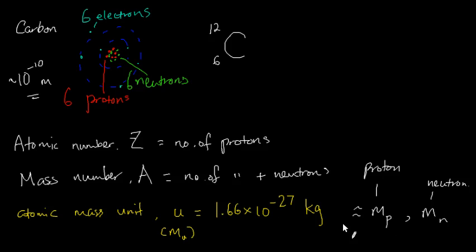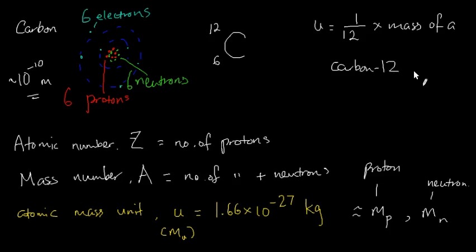So while I answer the why-not-exactly-equal question later on, I can say quite quickly that this number u is equal to 1 over 12 times the mass of this atom, this carbon, what is called a carbon-12 atom.